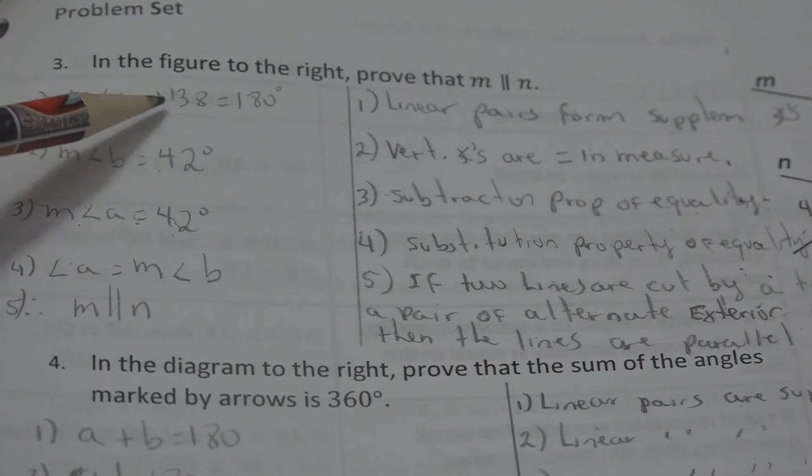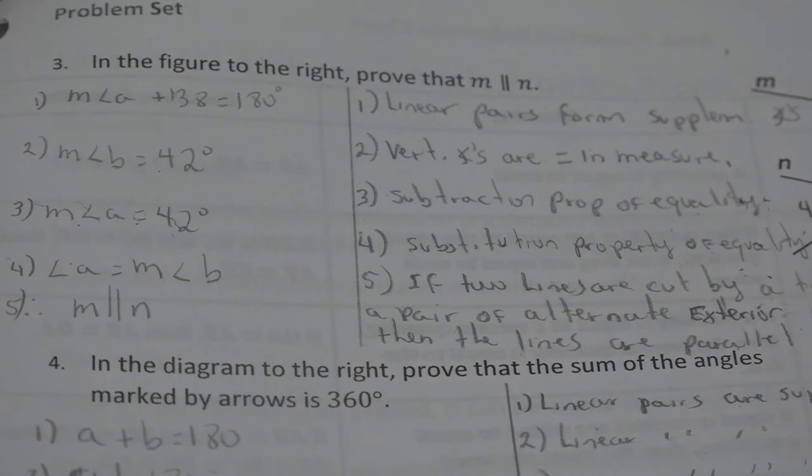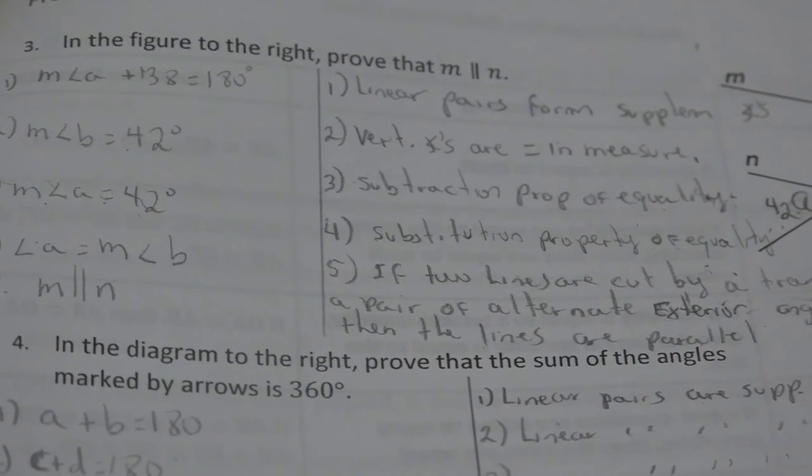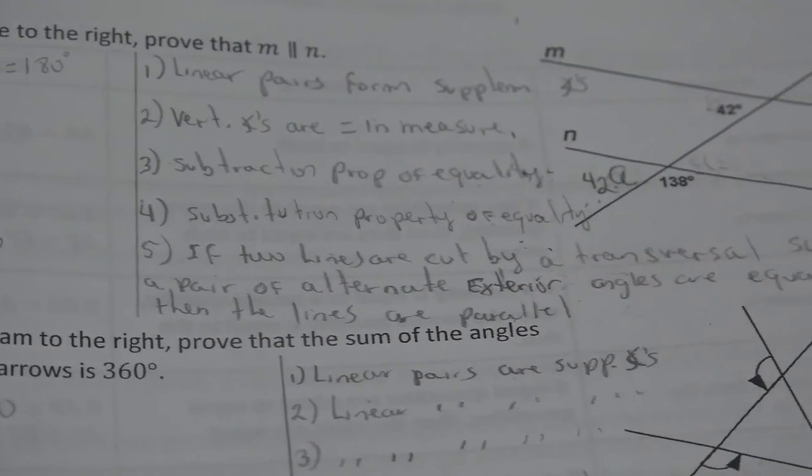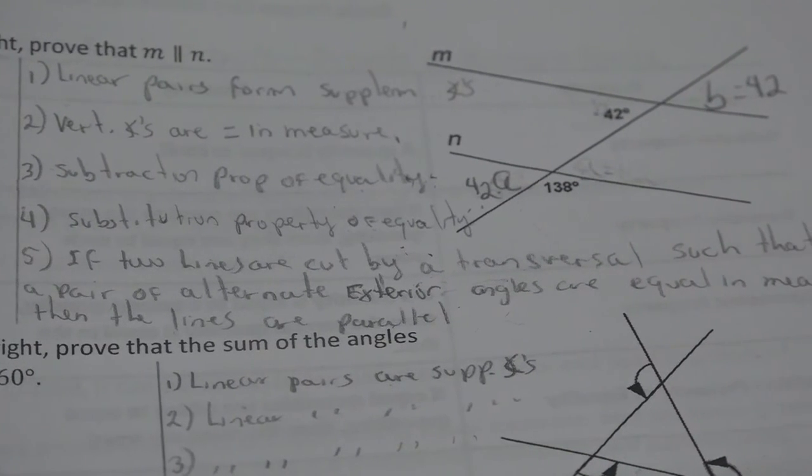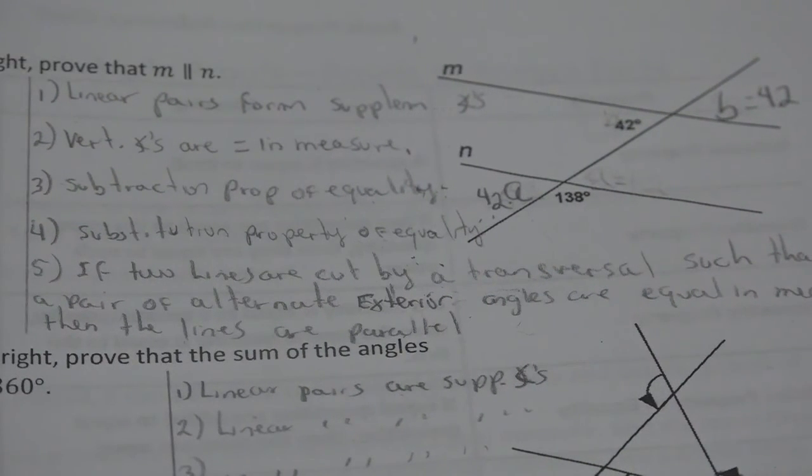So angle A plus 138 equals 180 degrees. Okay, you got the statements? Let me move a little more to the right here so you can copy the whole thing. These are the reasons, okay?